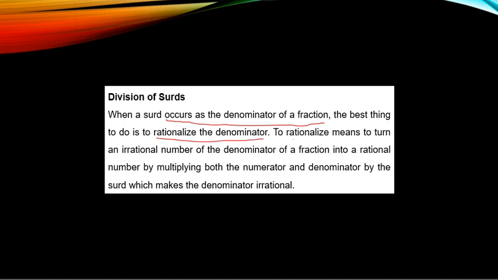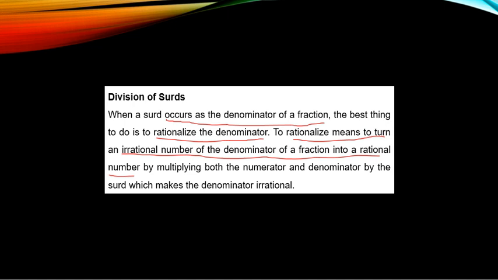To rationalize means to turn an irrational number in the denominator of a fraction into a rational number. That term that you cannot get its square root that is in the denominator, you try to remove it. That term is referred to as irrational number. So you try to change it to rational number, and the process of doing that is called rationalizing the denominator.